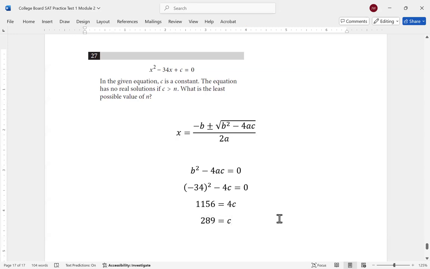That's where it changes from real solutions to imaginary solutions. So that's the answer to problem 27. The least possible value of n is equal to 289. Anytime n is above that, we get no real solutions.